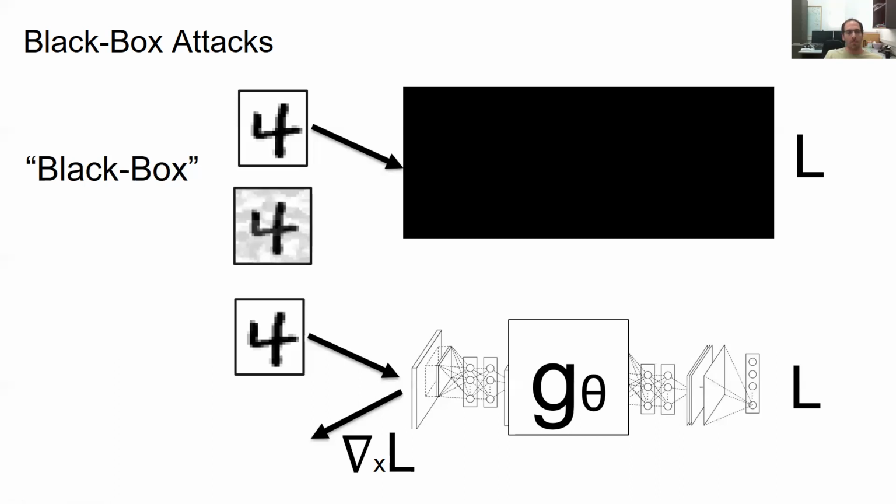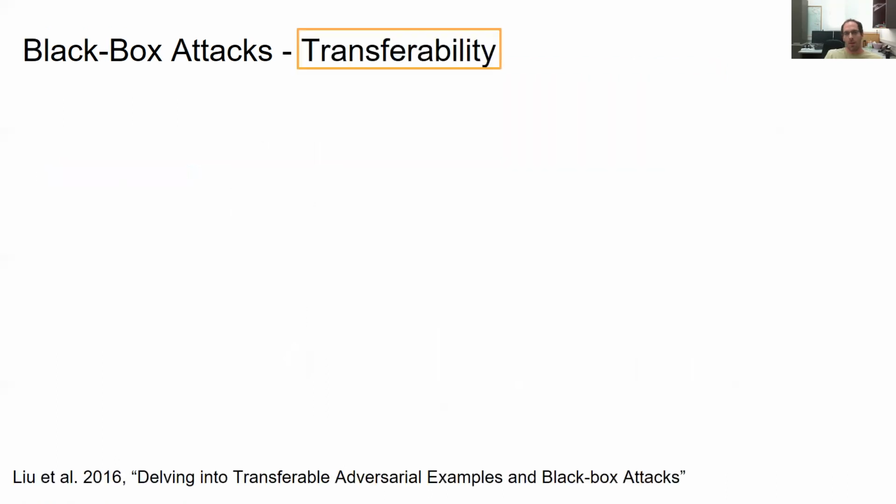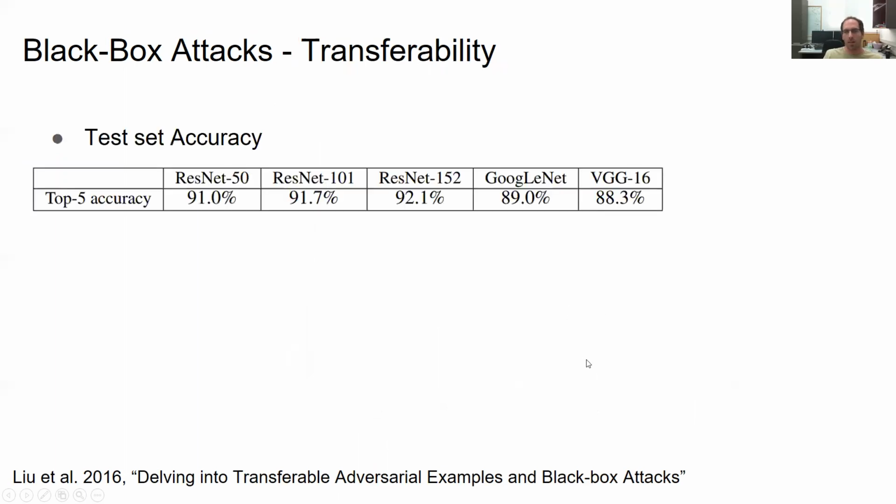So this is one method that you could come up with if you are trying to attack a black box model, right? The question is, will it work? Will it make the black box model break? This is called the transferability property of adversarial examples, and you will understand in a moment why it's called that.